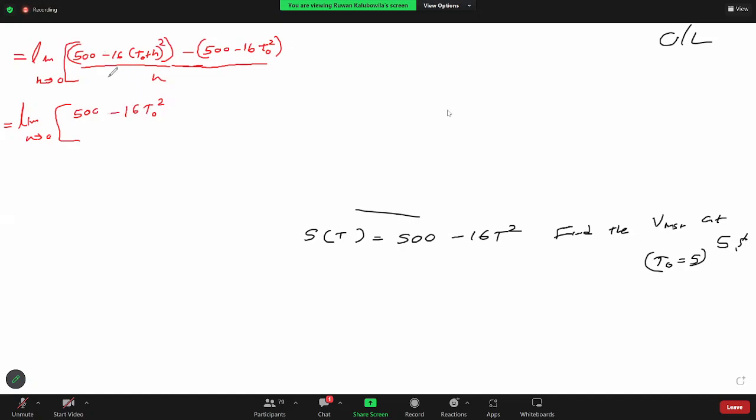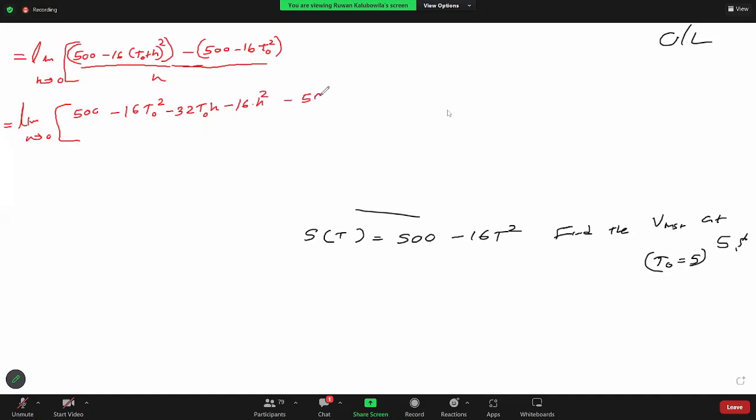Negative 16, I will multiply all the terms by the negative 16. Then negative 2 t naught is 32 t h, negative 16 h squared.